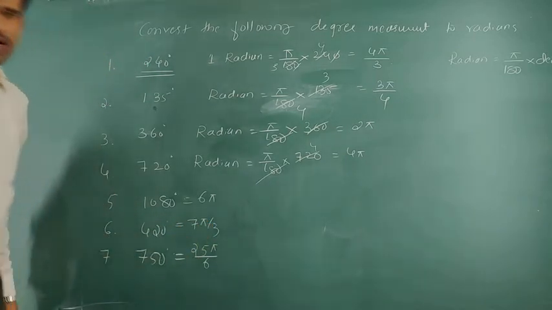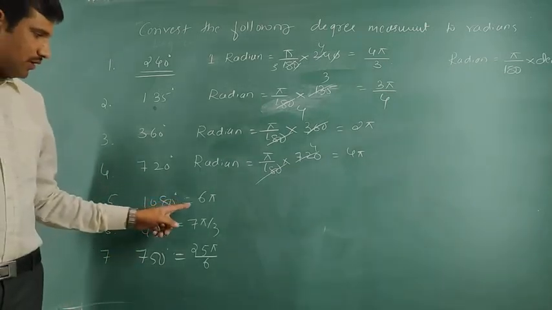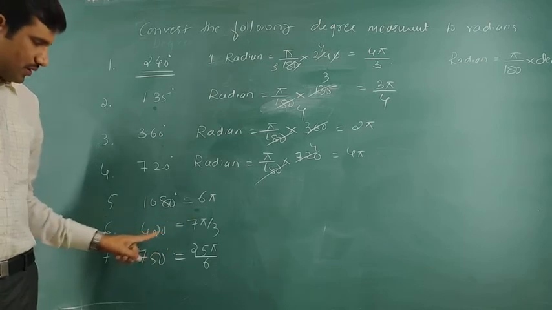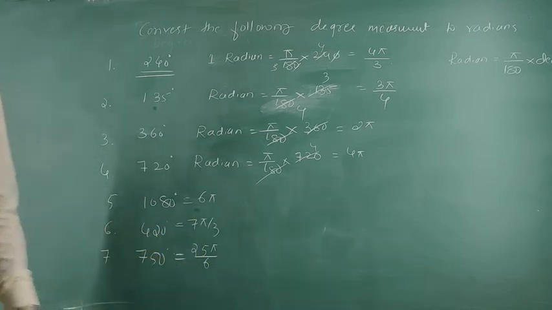Just verify your answers. Is it clear? Everybody got this answer? 1080 degrees means 6 pi radians. 420 degrees means 7 pi by 3. 750 means 25 pi by 6.